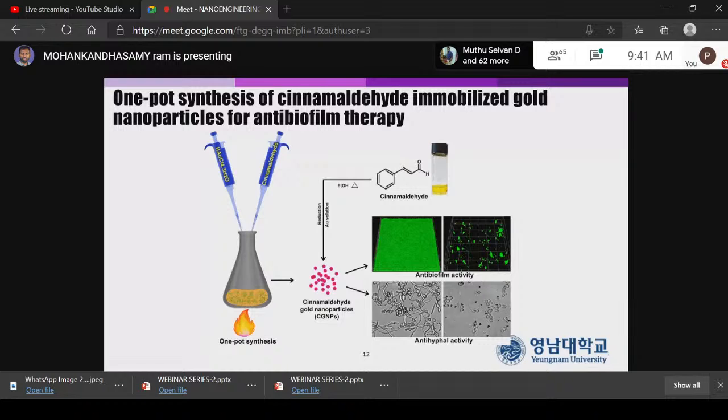So we developed these cinnamaldehyde-containing nanoparticles, and those are highly effective against the pathogens. In the picture above, the green one on the left-hand side is the 3D confocal microscopy image of a biofilm, and after it gets treated with the nanoparticle, it shows the complete removal of the biofilm.